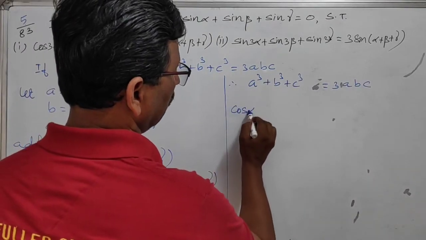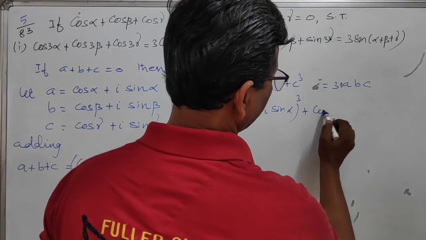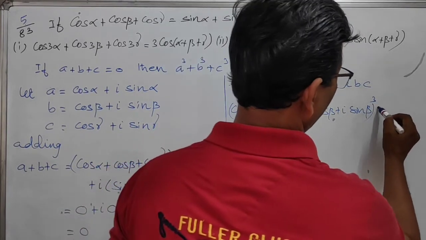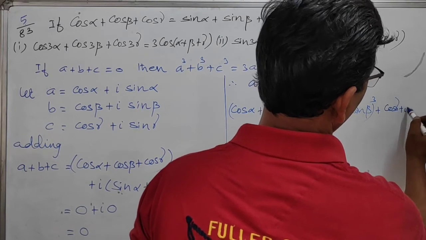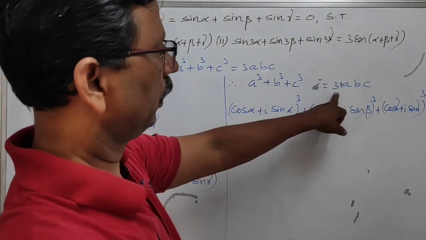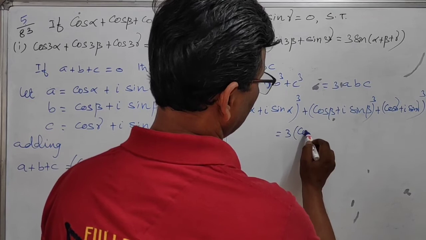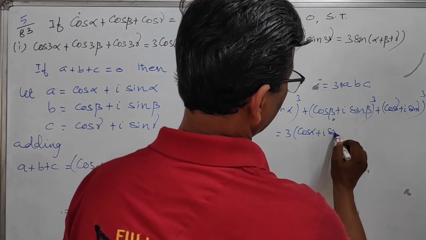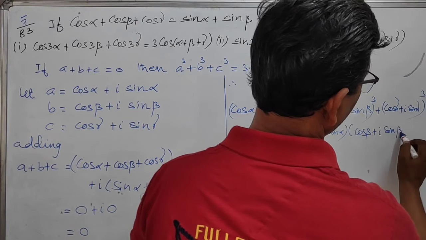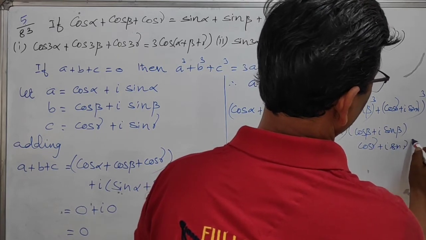Just write (cos alpha plus i sin alpha) the whole cube plus (cos beta plus i sin beta) the whole cube plus (cos gamma plus i sin gamma) the whole cube equal to 3 times abc, which is 3 times (cos alpha plus i sin alpha) into (cos beta plus i sin beta) into (cos gamma plus i sin gamma).